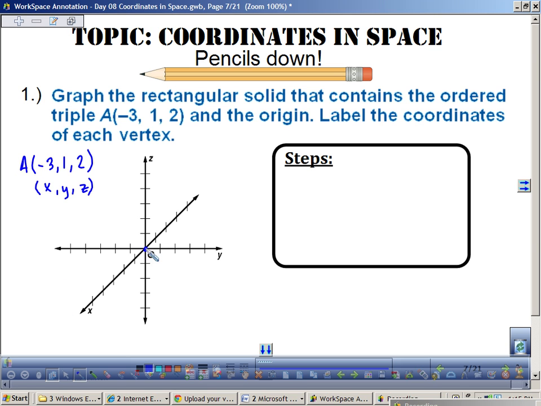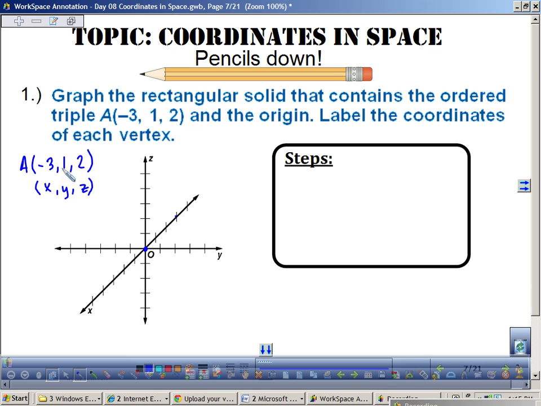Okay? So let's start at the origin, and I'm going to go in the direction of x, -3. Now remember I told you coming towards you is positive. Going back is negative. So if I'm going to go back, -3, right there.